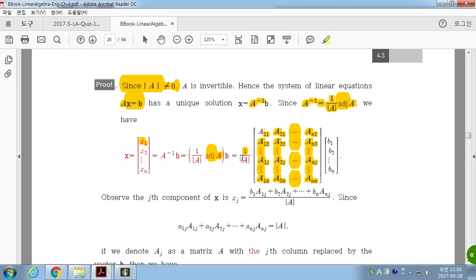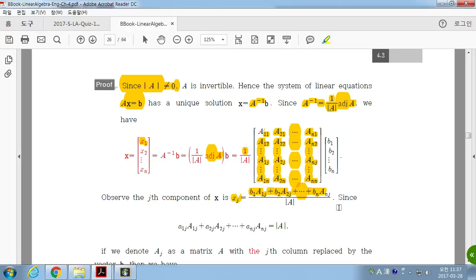X1 is one over the determinant of A times this times this, the inner product of this row with that vector. So X1 is B1 times A11 plus B2 times A21 plus up to Bn times An1, over the determinant of A.